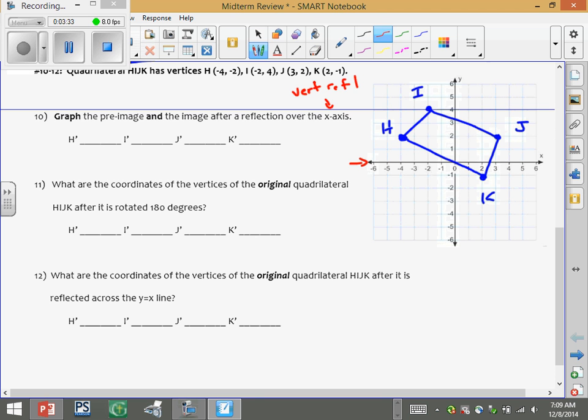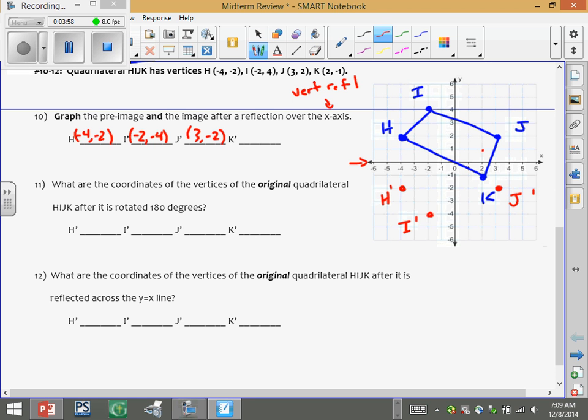Another way to look at it, if we connect back to the last unit: since H is 2 above, H prime will be 2 below, I prime will be 4 below. I is now (negative 2, negative 4). J is 2 above, so J prime will be 2 below at (3, negative 2).